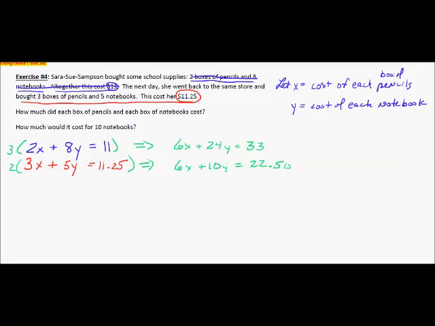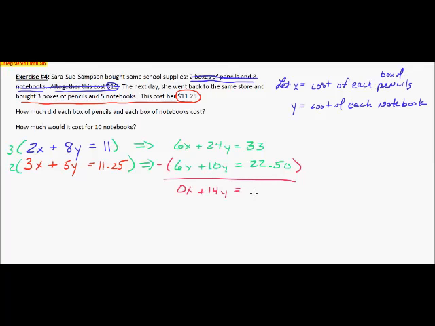Okay, and now I'm ready to eliminate. Now I can just subtract these 2 equations. 6x minus 6x gives me 0x. 24y minus 10y gives me 14y. And 33 minus 22.50, what does that give me?